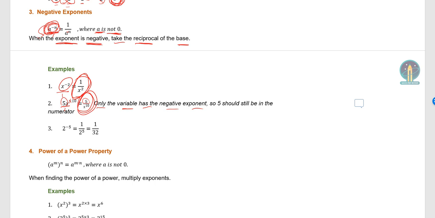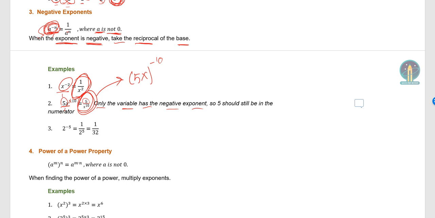But this is interesting. Let's look at another case that would have looked similar to this. So this is 5x to the minus 10. The minus 10, again, is applied to the x. What if you had, in parentheses, 5x, the whole thing to the minus 10?